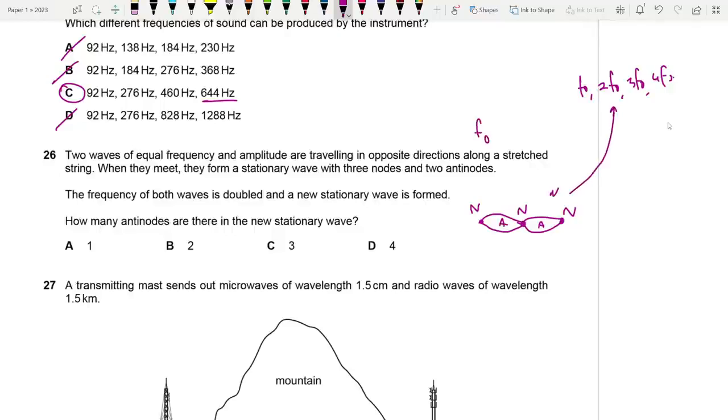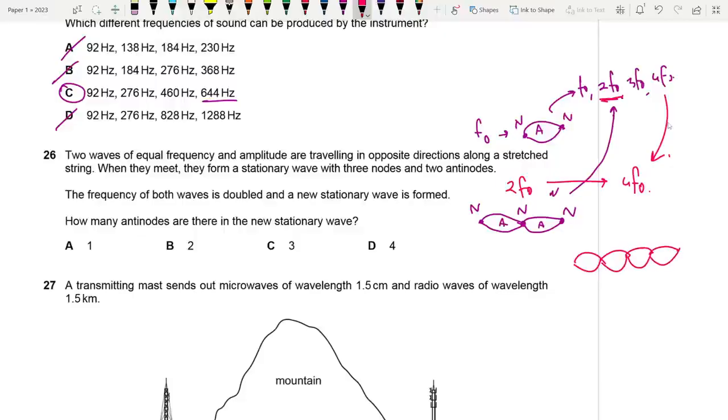So what will the pattern for F naught be? It should be like this, nodes at 2 ends and an antinode in the middle. So if we double this frequency, this is already at 2 F naught. If we double this frequency to 4 F naught, what will the pattern be? Since I've doubled it, basically 4 loops: 1, 2, 3, 4. So in total 5 nodes and 4 antinodes. I'm going to go with 26D.